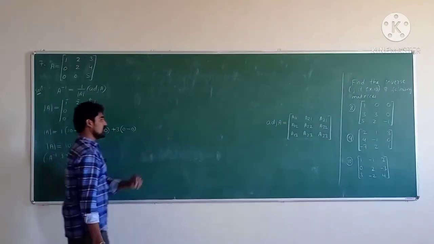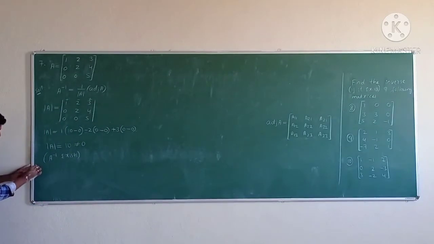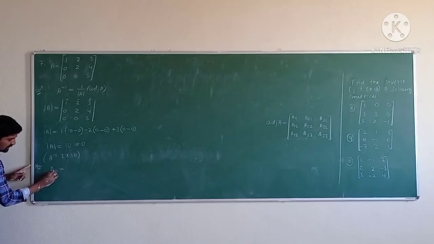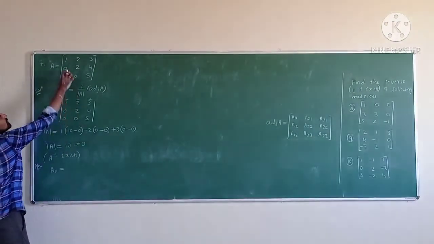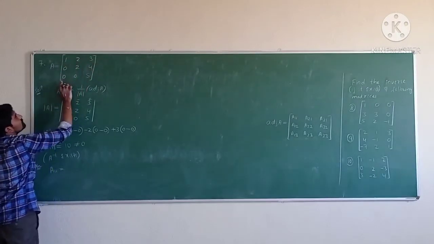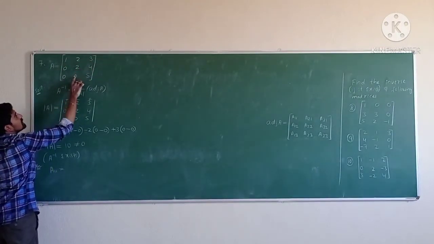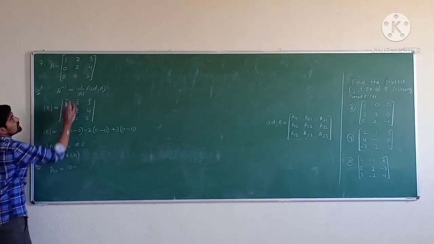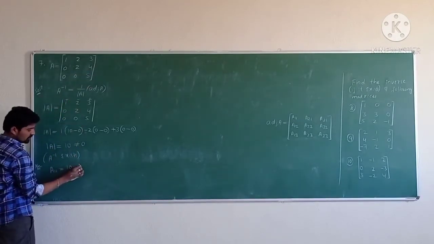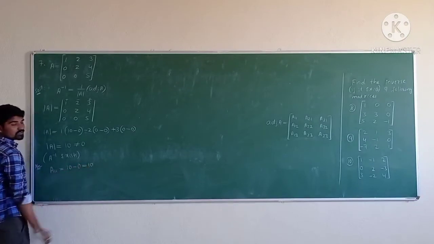Therefore, for the adjoint of matrix A, the value of A11 is obtained by deleting the first row, first column. After deleting this first row, first column, remaining elements 2, 4, 0, 5, 2 into 5 is 10, minus 0 into 4 is 0, so 10 minus 0 is equal to 10.